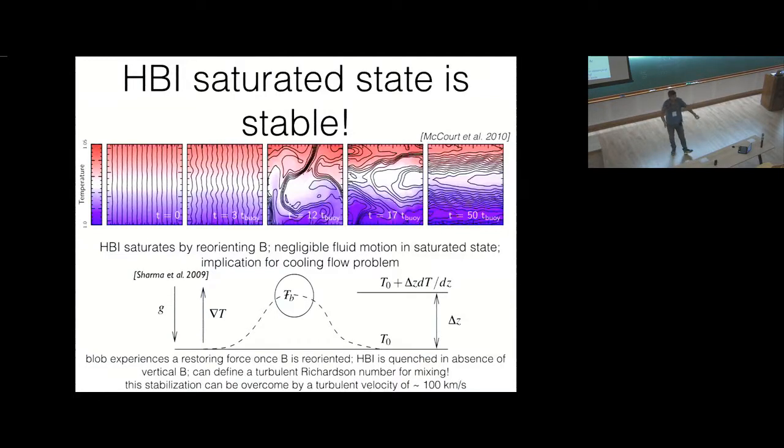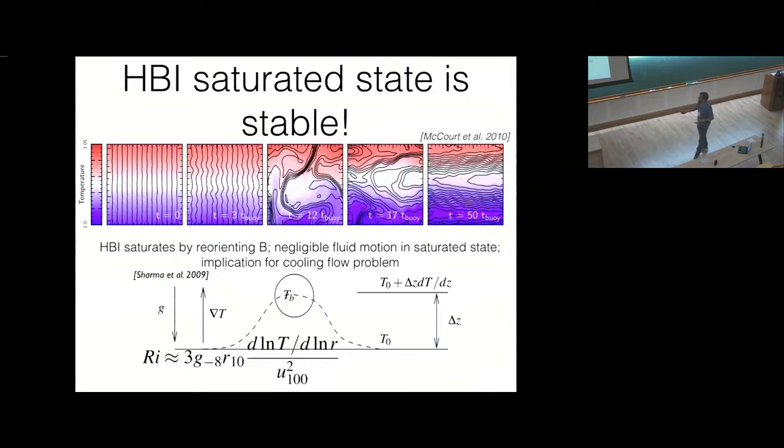You have a stably stratified box and you have some turbulence. You need some strength of turbulence in order to overcome the stable buoyancy response.